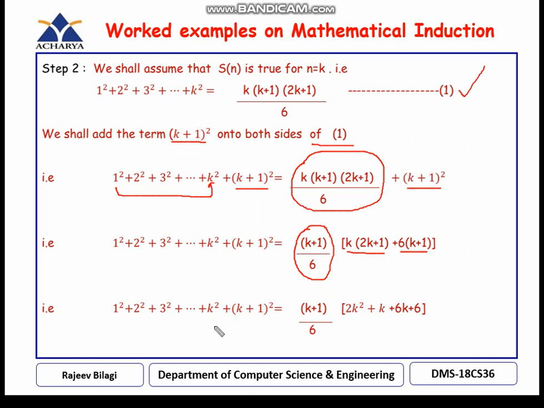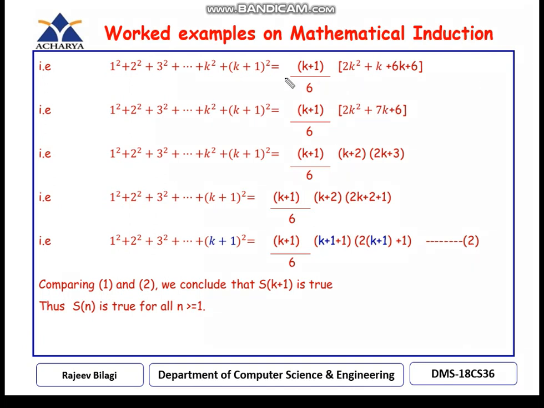So with this I can write 1 square plus 2 square plus 3 square plus up to k square plus k plus 1 whole square equal to k plus 1 divided by 6. I will multiply here 2k square plus k plus 6k plus 6.